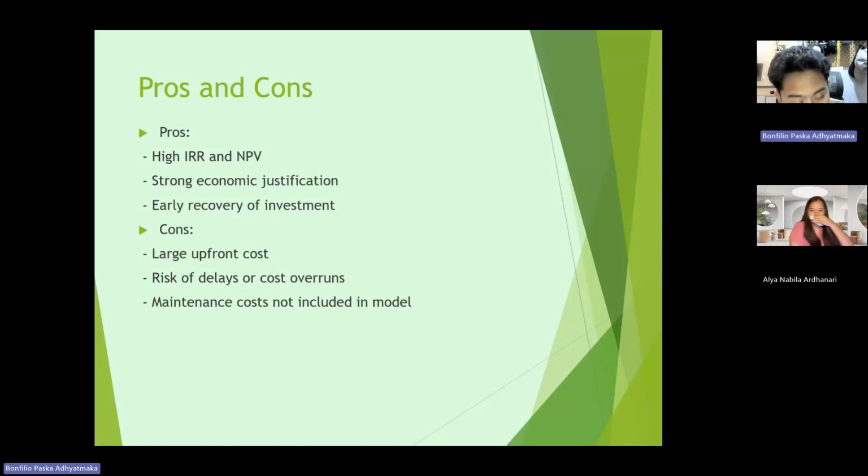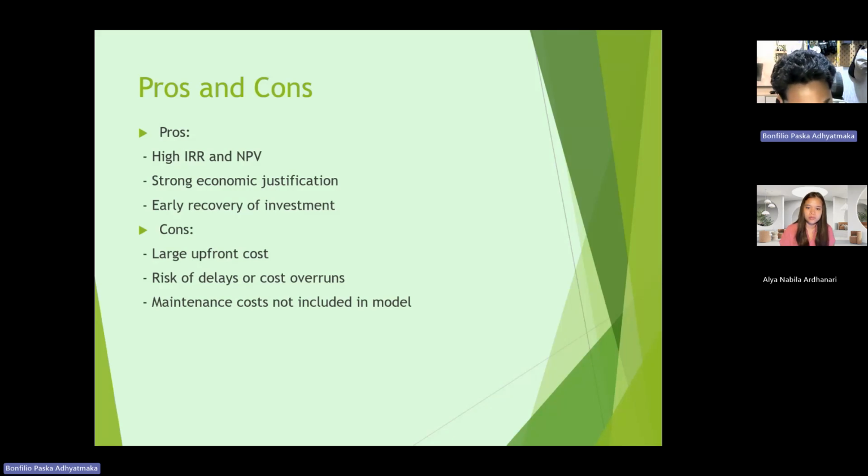Next are the pros and cons for the rural bridge construction project. Advantages: first, the project shows a high internal rate of return and net present value, or IRR and NPV, indicating both strong profitability and positive value creation.